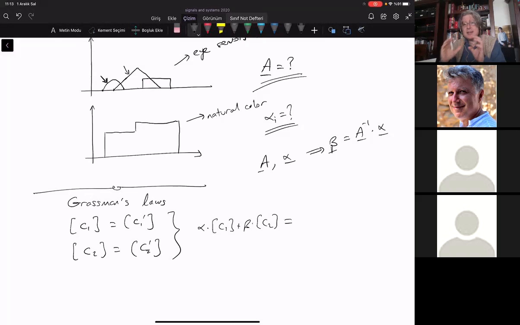This equality is not an equality of vectors or matrices or scalars. It's not mathematical equality. It means the colors are matching.